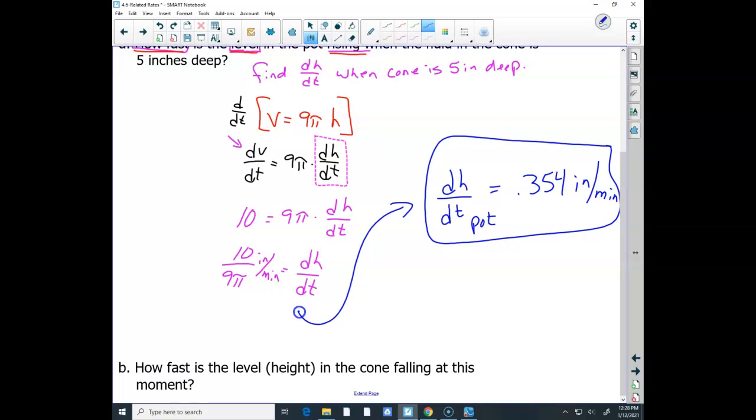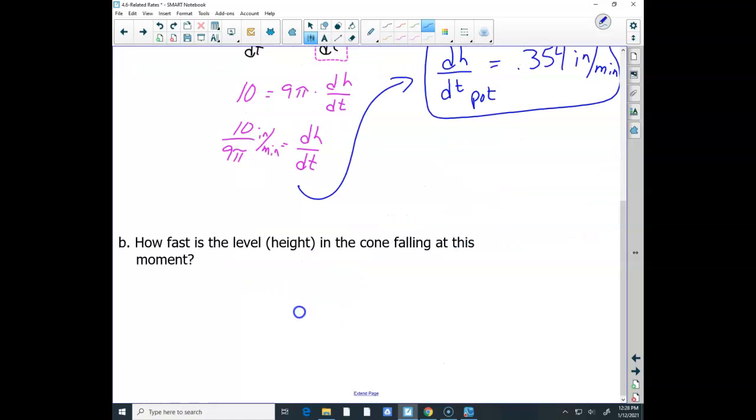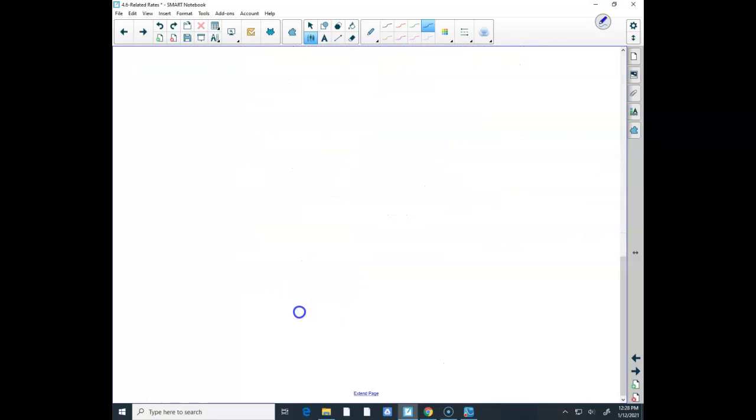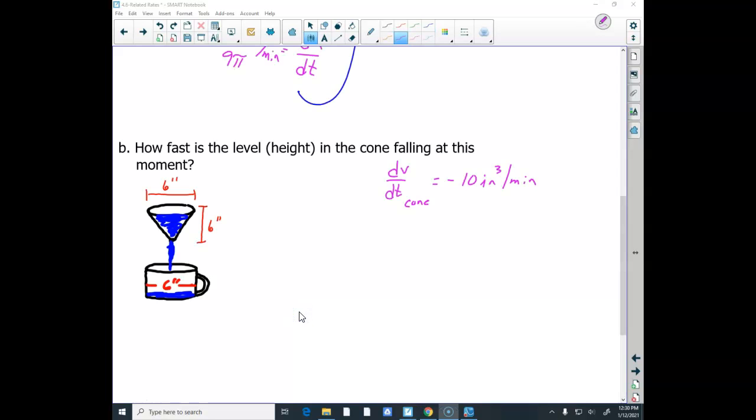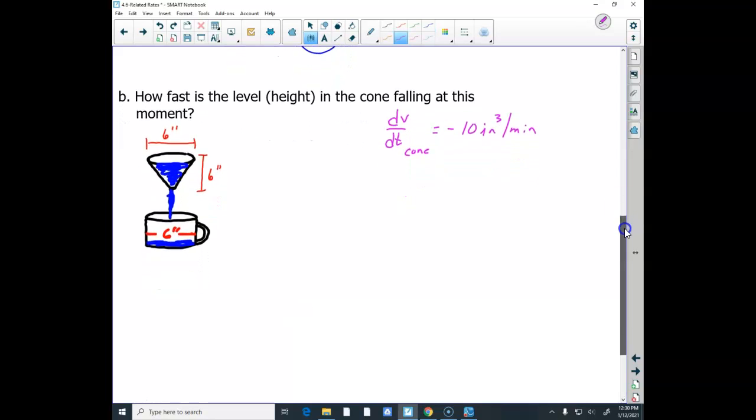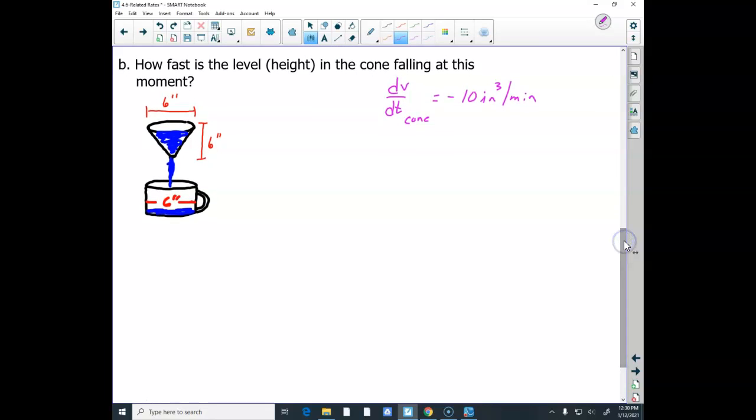Now, they're asking how fast is the level in the cone falling at this moment? Okay, well, here we go. I'm going to pause and copy my diagram down here again. Okay, so I copied my sweet little cone, my little coffee making machine, and they want to know how fast the level, or the height, is changing.